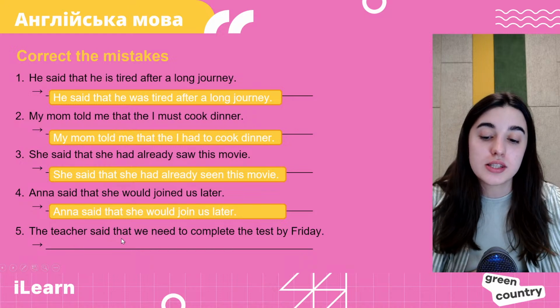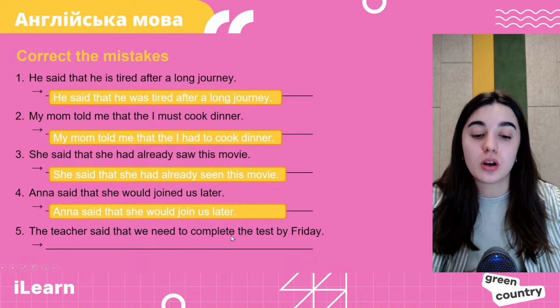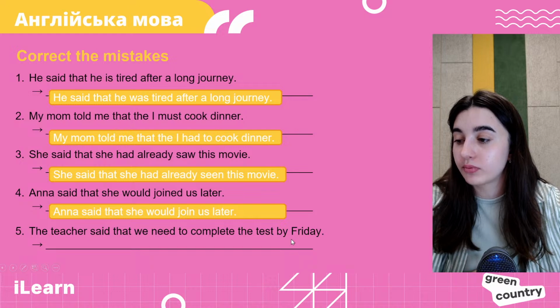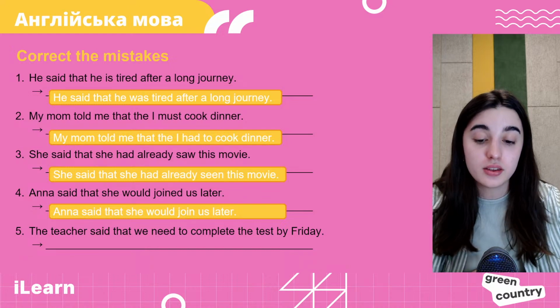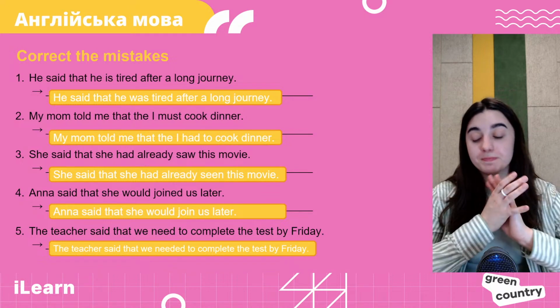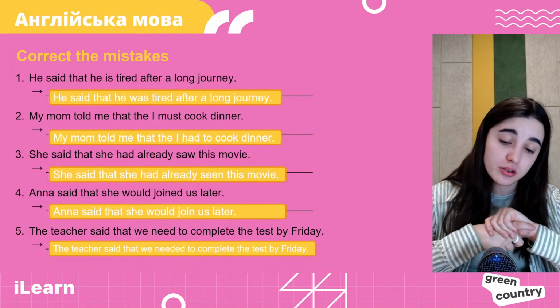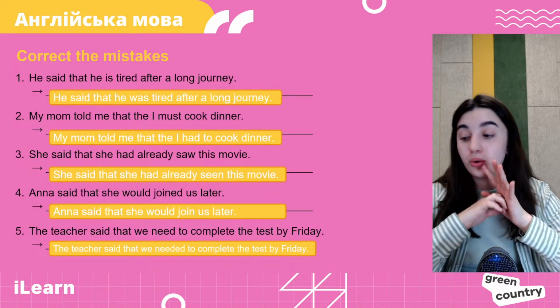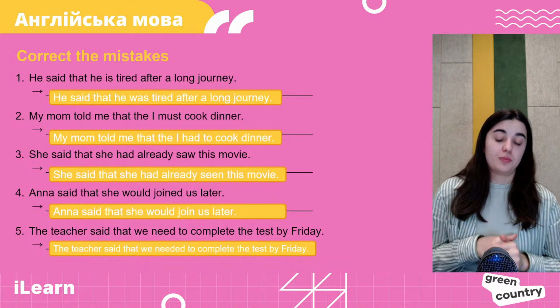The teacher said that we need to complete the test by Friday. The teacher said that we needed to complete the test by Friday. So we had need and we make needed, or had to, also possible here. Good, thank you very much.